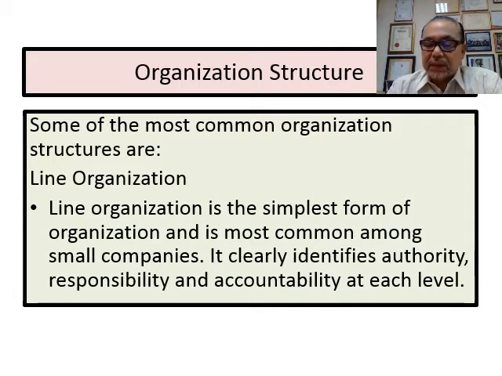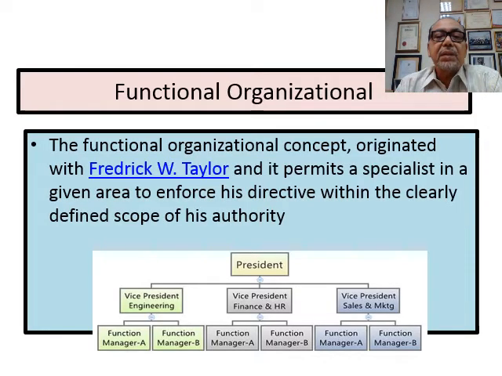Functional organization. The functional organization concept originated from Frederick Taylor, that permits specialists in a given area to enforce their directives within a clearly defined scope of authority. Here we're talking more about a specialized product. So for a big factory, you use line organization. Sometimes for specific products, we need what we call functional organization.